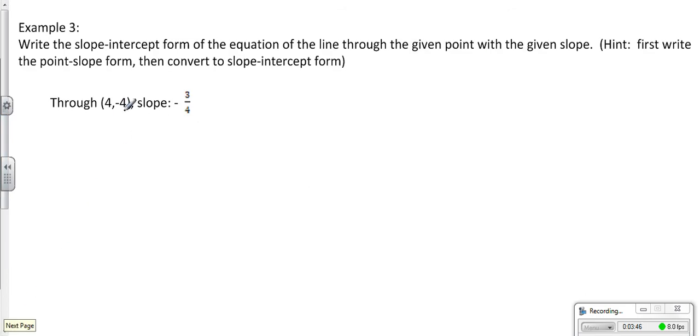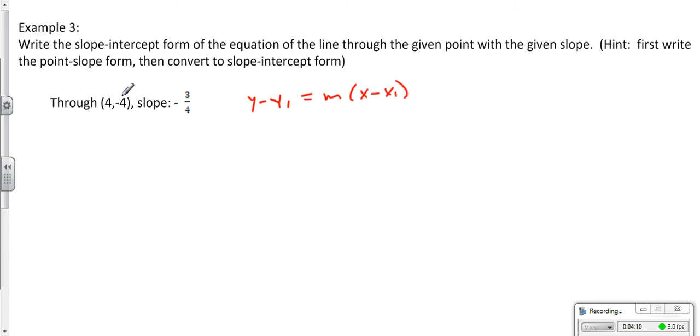Here we want to write the slope-intercept form of the equation of the line through a given point with the given slope. There's a nice hint here, and that is to first write the point-slope form, then convert it like we just did. So again, we have y minus y1 equals m, x minus x1.